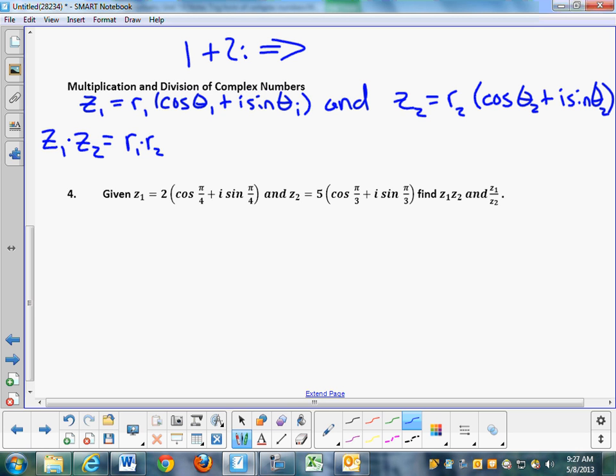And after you multiply them, you take cosine of theta sub 1 plus theta sub 2 plus I sine of theta sub 1 plus theta sub 2. So you multiply the R values, you add the theta values, and that's all you do.